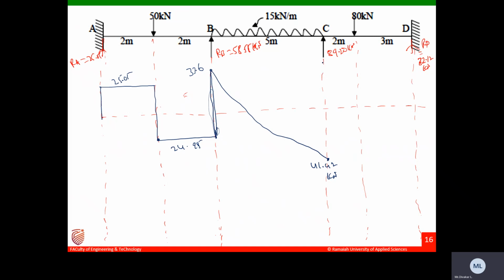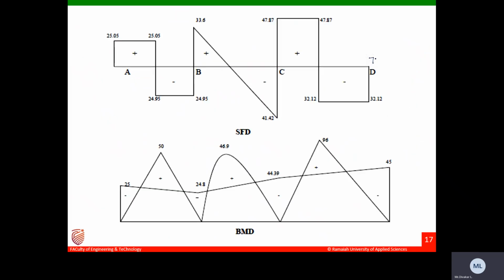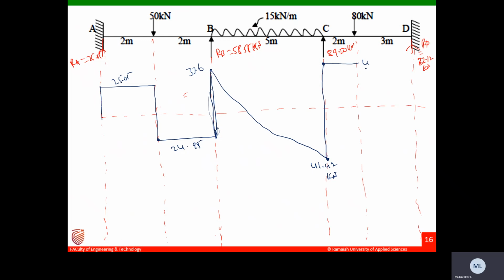Let us say 47.87 will come somewhere here. Here to here there is no load region. Then 47.87 minus 80, you will get minus 32.12 here. Here to here there is no load region.